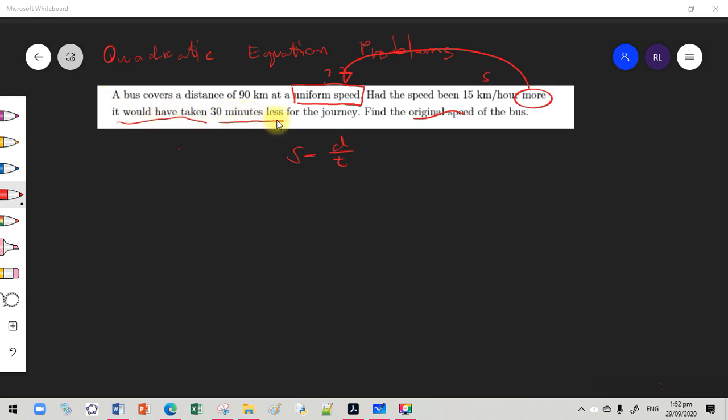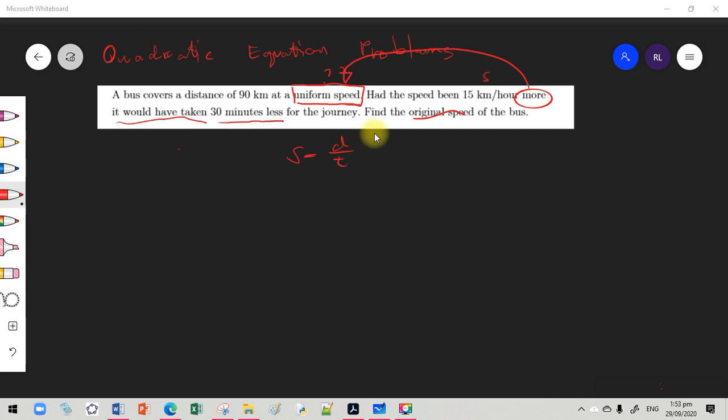When you subtract the distance over speed in the original from the distance over speed if the speed is 15 kilometers per hour more, that will be 30 minutes less. There are two scenarios here that will give us time.